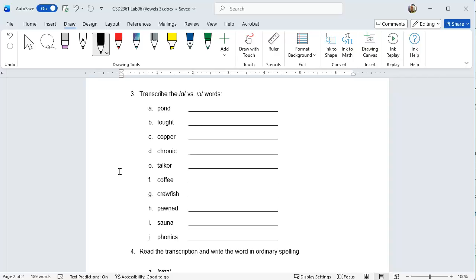First word is pond. That's got the ah vowel in it. Second word is fought. That's got the aw vowel in it.